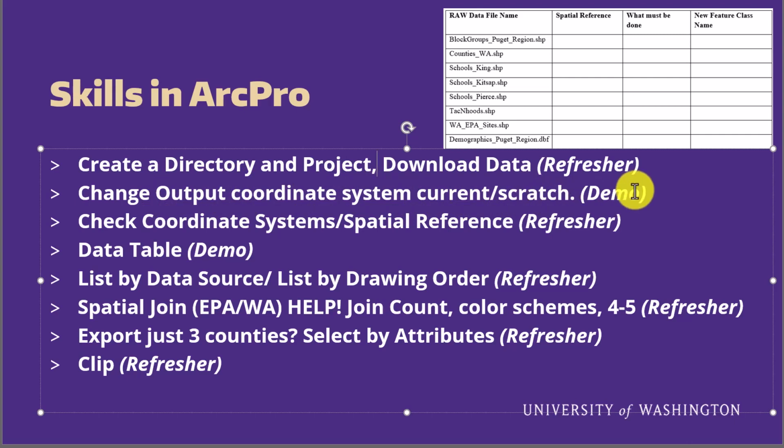You'll be doing that in lab 4 and the rest of the labs that you complete for me in GIS at UW Tacoma. Check the output coordinate system and spatial reference. It should be a refresher, but I'm going to give another quick demo about that. That's in the options area. You're going to be creating a data table. I'm going to show you how to do that in class.